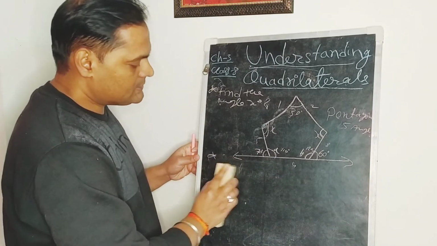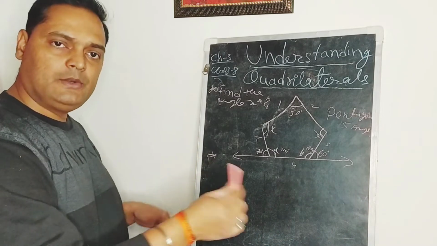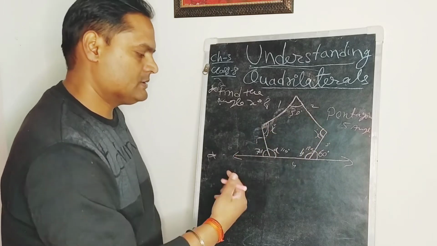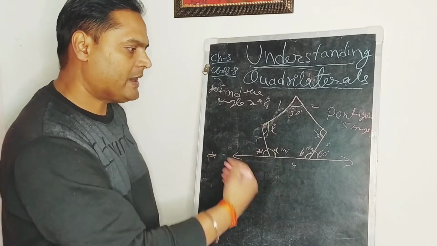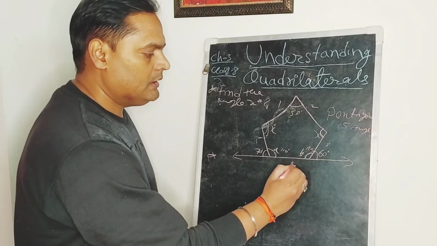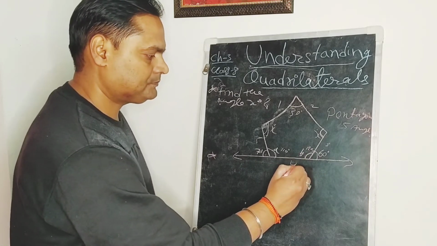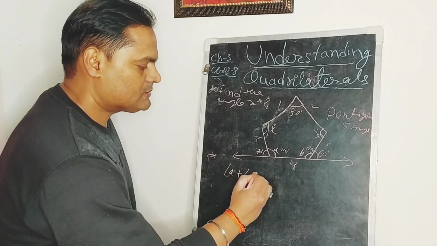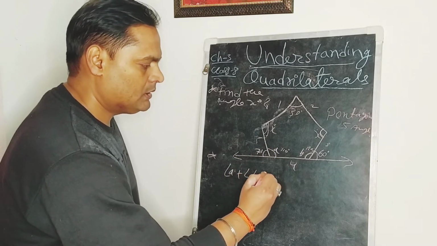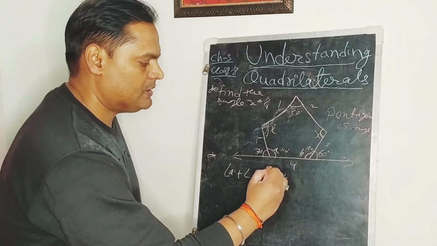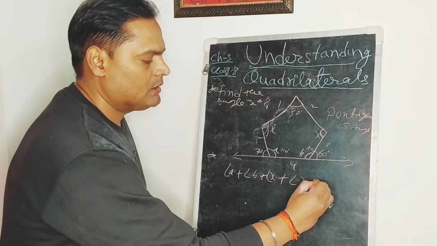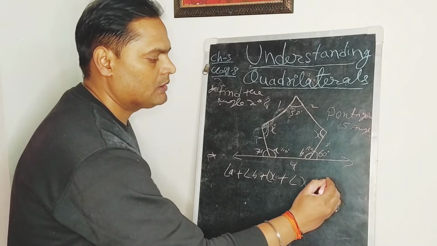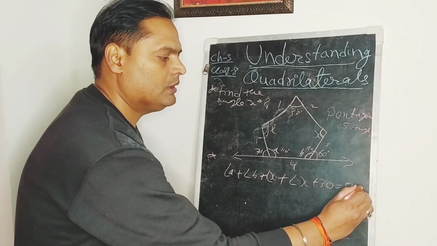So according to this property, I am able to find the value of x, or the angle x. Let's substitute all the angles in this property. Angle A plus angle B plus angle X plus angle X plus angle 30, which is already given, equals 540 degrees.